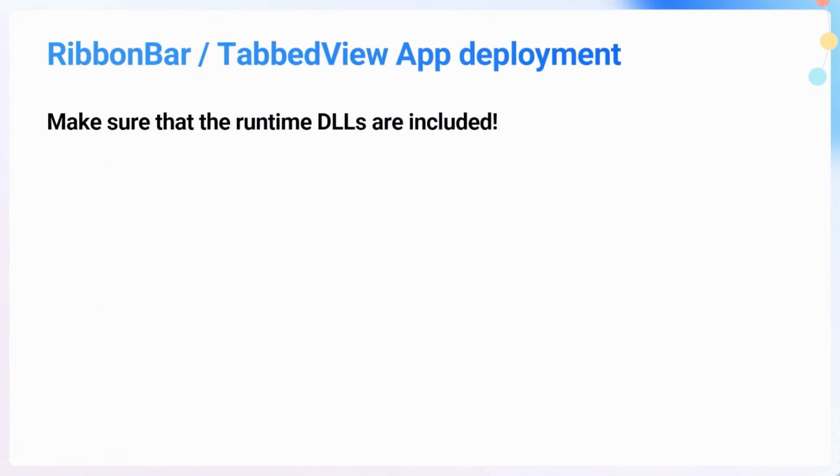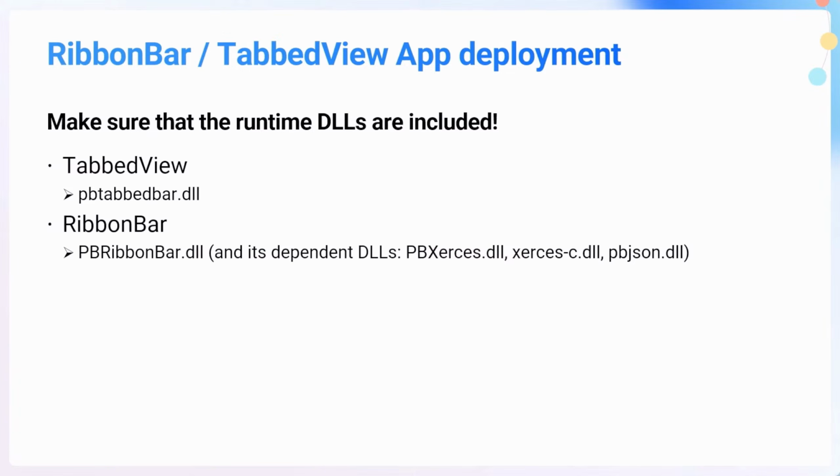So, the RibbonBar tab view application deployment. Just a little bit of housekeeping here. Make sure that if you do deploy a runtime for the tab view, that the PowerBuilder packager, or if you're manually copying this DLL, it goes across to where the application is deployed. Also for the RibbonBar, don't forget there's a new DLL that's required as well.